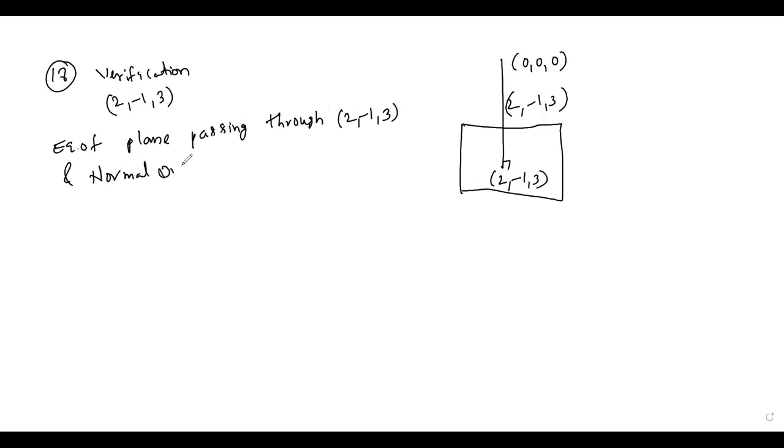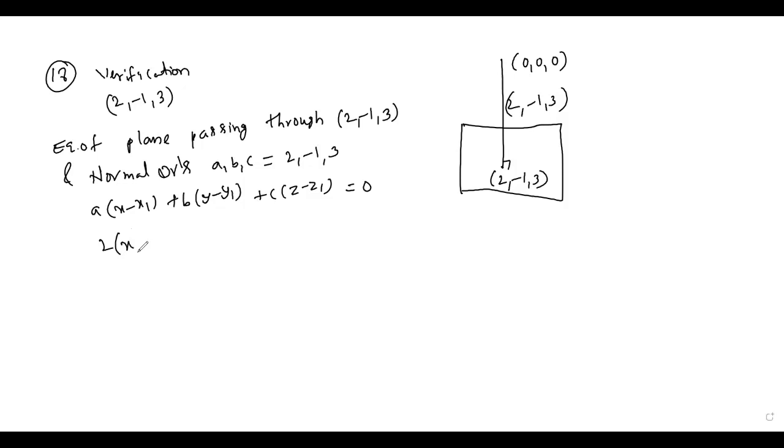Having normal direction ratios denoted by A, B, C as 2, minus 1, 3, that is A into x minus x1 plus B into y minus y1 plus C into z minus z1 equal to 0.